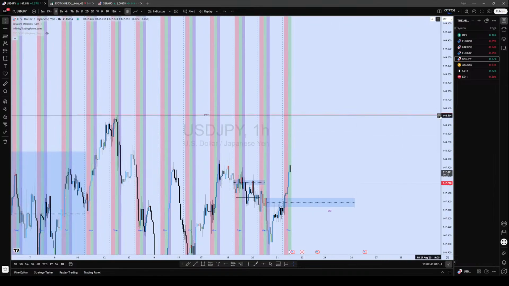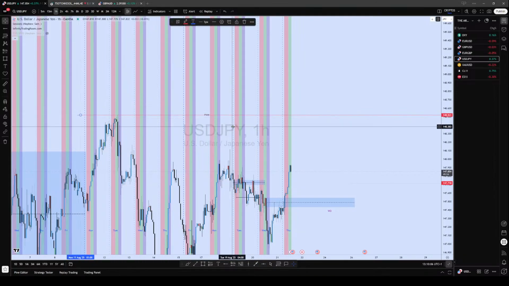So as it stands, 148.523 is the upside objective for the dollar yen. Okay, so dollar yen, you're looking for the previous week high, which is right here, as they draw on liquidity.